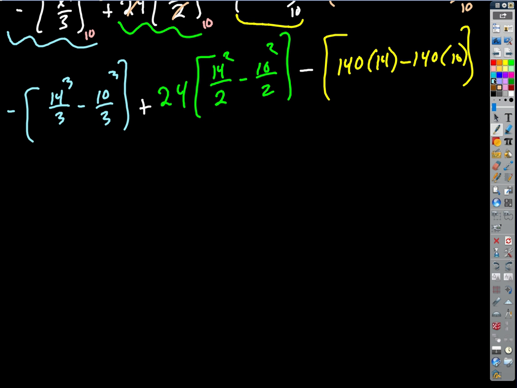So we're going to get, what about this part right here? Well, I've got a common denominator of 3. So I get minus 1/3. What's 14 cubed? Elton, you got a calculator handy? 2,744.